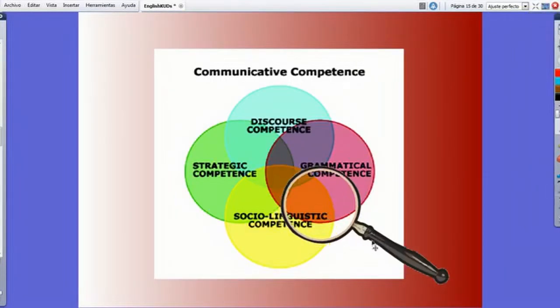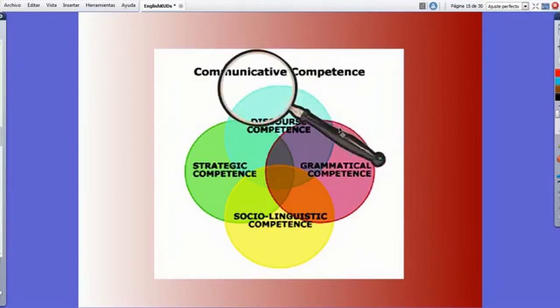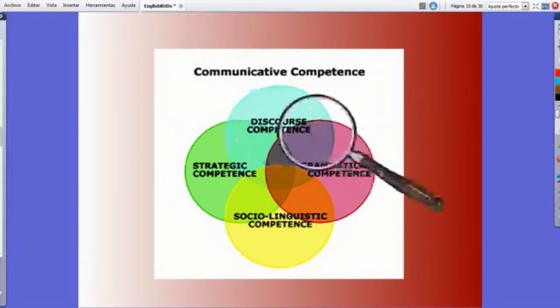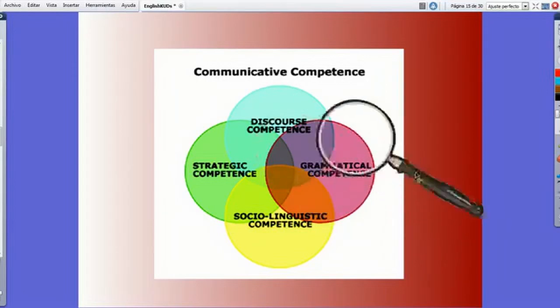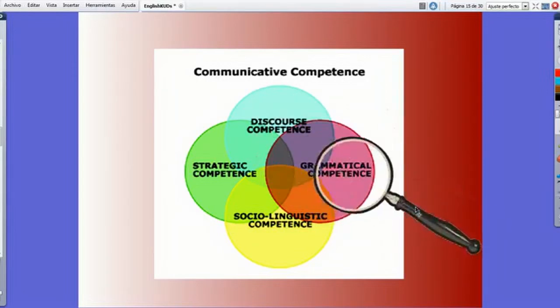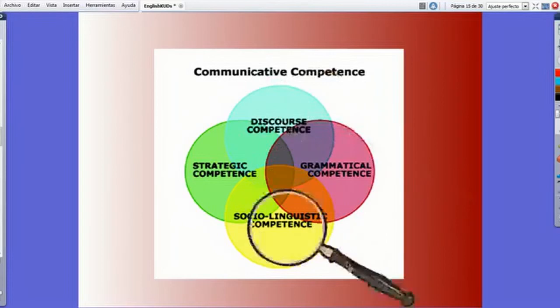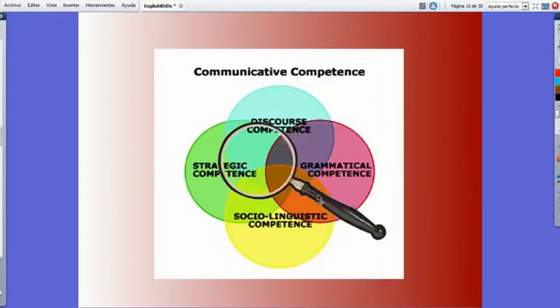Communicative competence, remember this, the umbrella term under which we find linguistic or grammatical, discourse, sociolinguistic, and strategic competence.